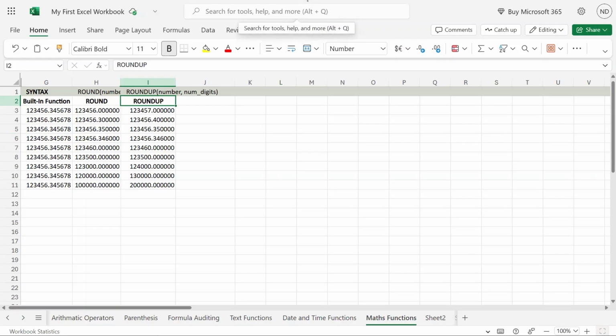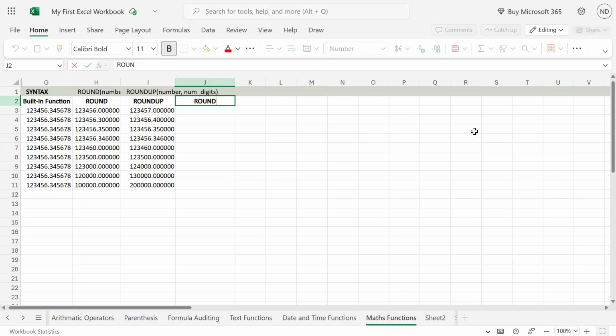Now this function is round down. If you have checked my round up function, it rounded up the number and increased the number or the digit which is next to the rounding up number by one.